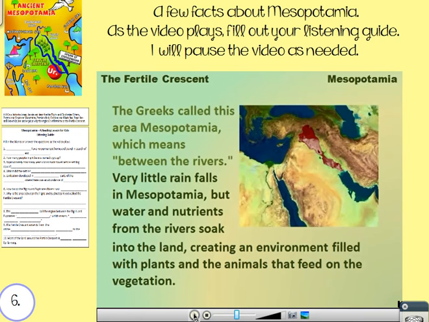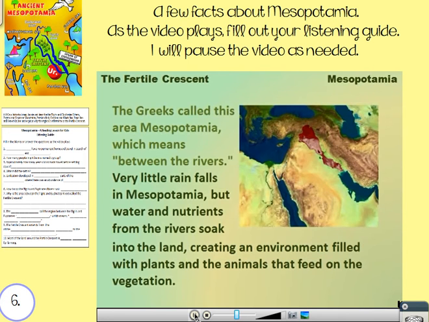You see it? Question 11. Read it to me, Ellie Beth. Write the sentence that tells you how floods in Mesopotamia were different from the ones in Egypt. Mesopotamia's yearly floods didn't come as regularly as Egypt's. Right. Mesopotamia's yearly floods didn't come as regular as the ones in Egypt. So they didn't know. Exactly. All right, here we go.